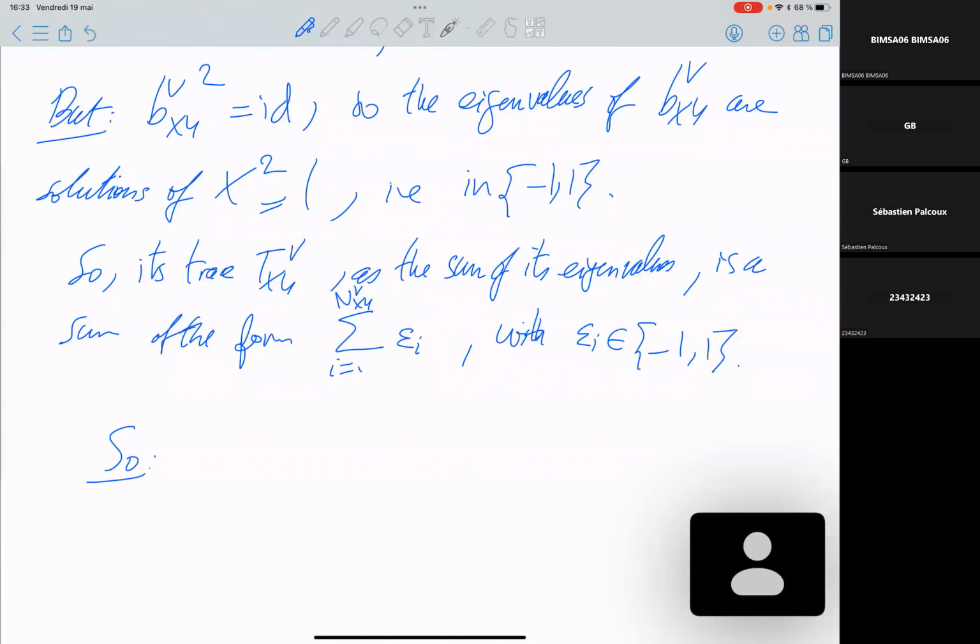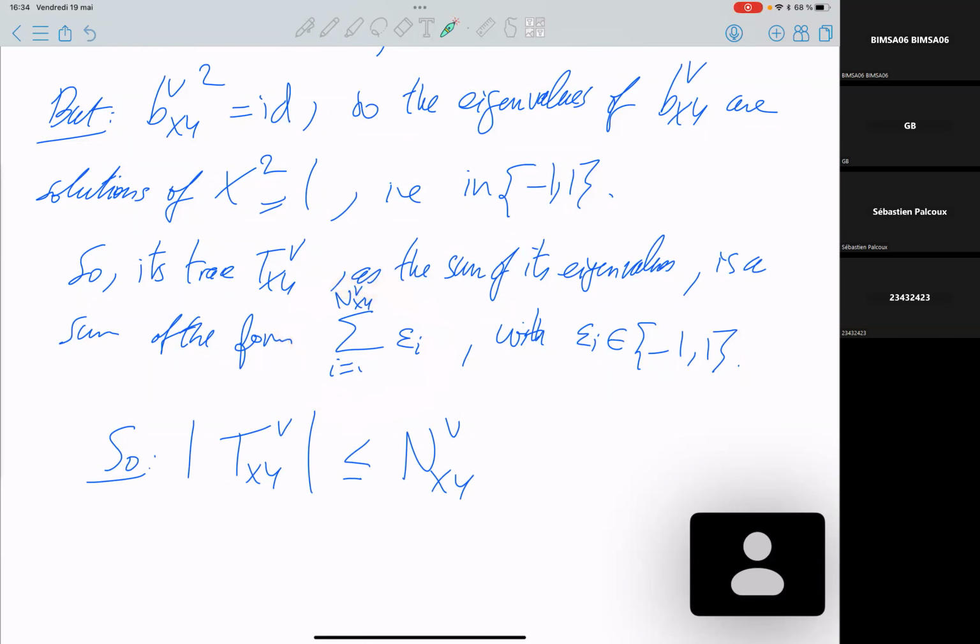So the module, no, how to say it? The norm. Anyway, this sum, so the absolute value of T_{XYV} is, of course, less than N_{XY}^V, because you have a sum of plus or minus 1.